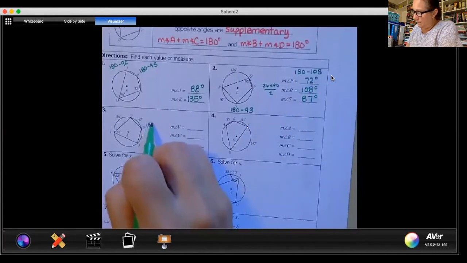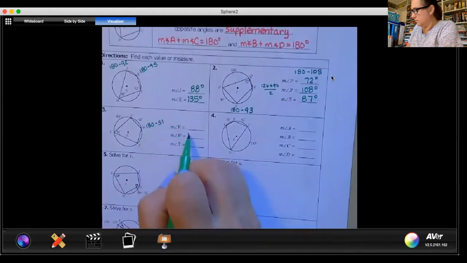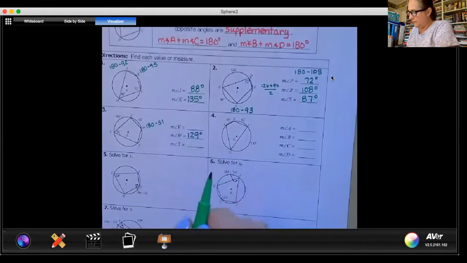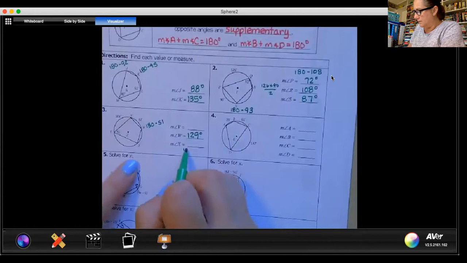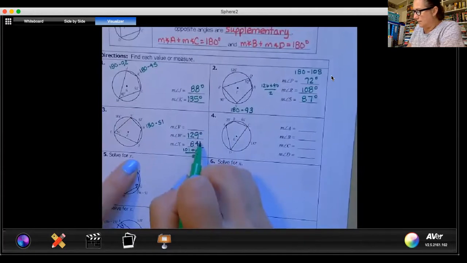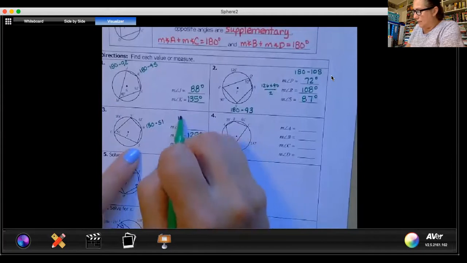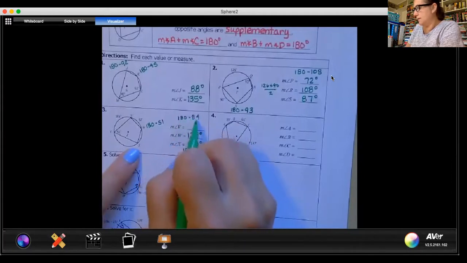W is going to be 180 minus 51, which is 129. And then X is going to be 101 plus 67 divided by 2, which is 84 degrees. And then opposite that, 180 minus 84 is 96 degrees.